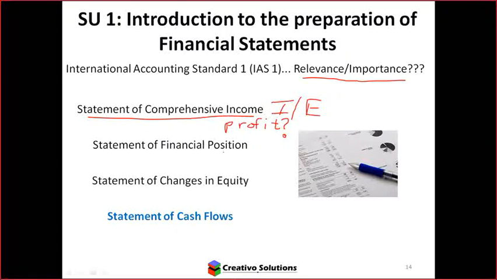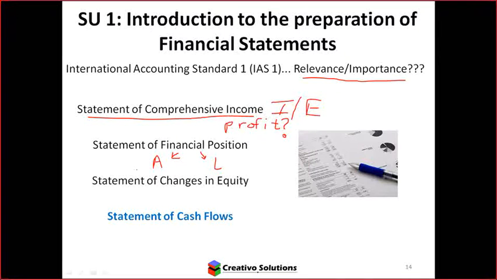The second statement, the statement of financial position. Why is it important? You can see the financial position of the company. And what makes up the financial position? Which elements? Assets and liabilities. Correct.